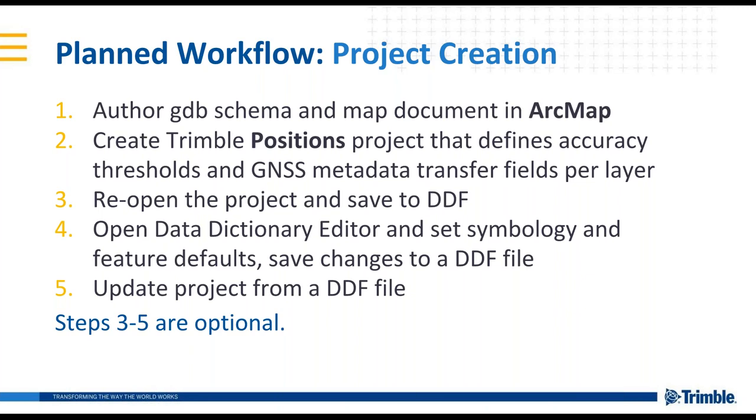You then, as an Esri user, would create a Trimble Positions project that defines what layers you want to use for data collection, and what you want the accuracy thresholds of those layers to be. Do you want to set minimum accuracy requirements? And also to define which fields in my feature classes I want to transfer that GNSS metadata back into. And those settings are per layer.